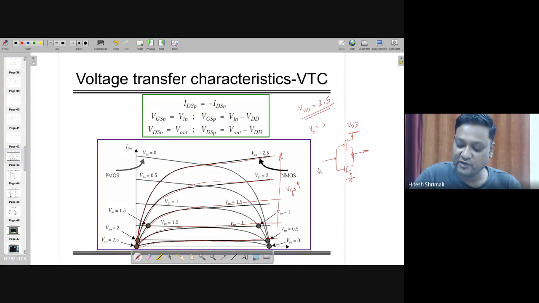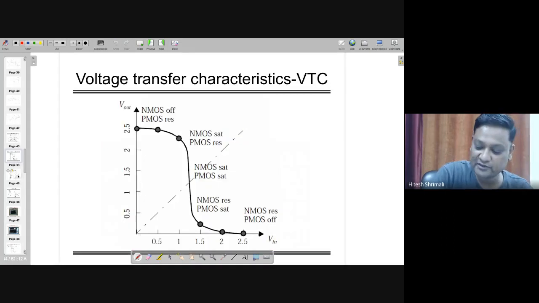That's why when you are applying VGS, it is actually equal to Vin, right? So that's why Vin is kept over here, and same for this one. So you have to make the intersection point with this one. When you make those intersection points, you are going to see such kind of characteristic where right now I'm saying NMOS is in cutoff, and PMOS is acting as a resistance. Look at this resistance.